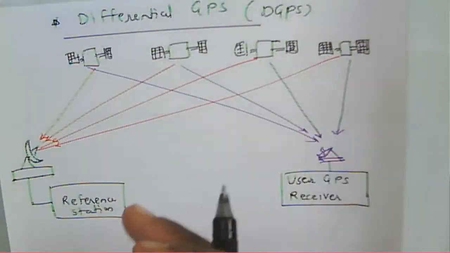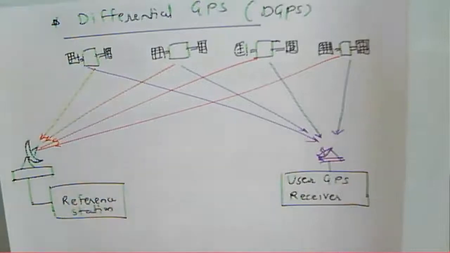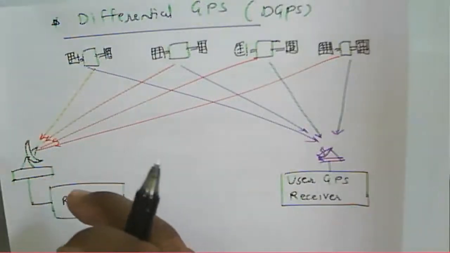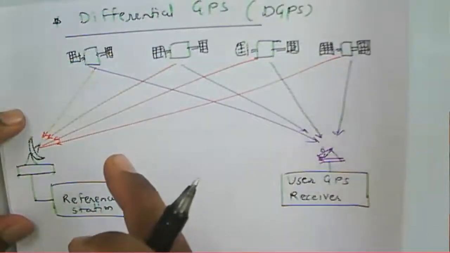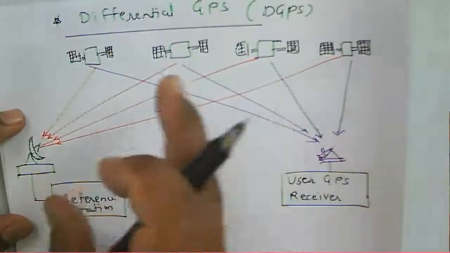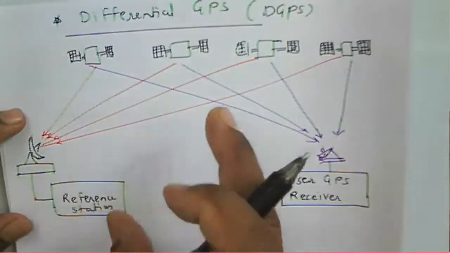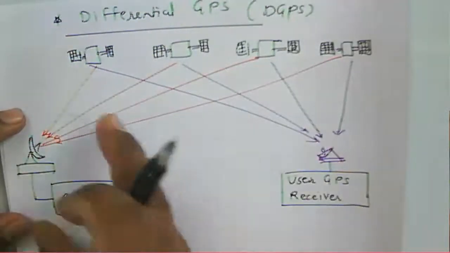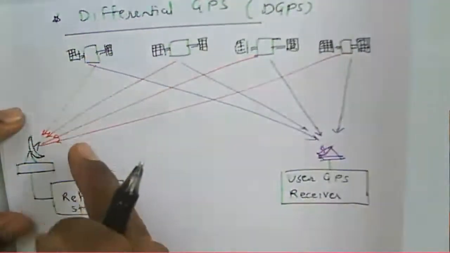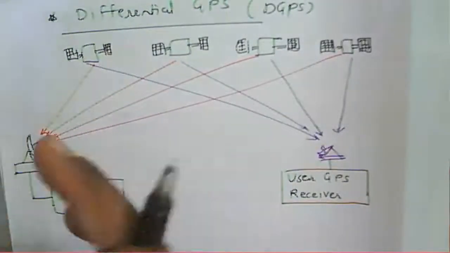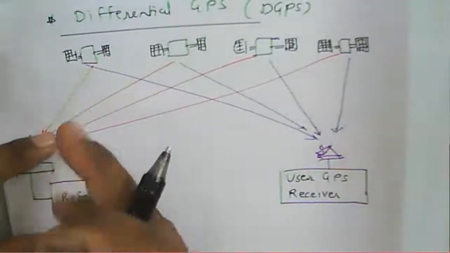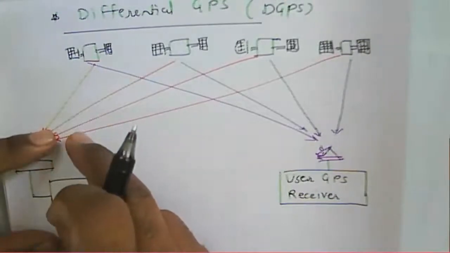Then the reference station repeats the same process and again calculates each and every piece of information for the given satellite, that is the range as well as the position, and that information is present in that reference station.